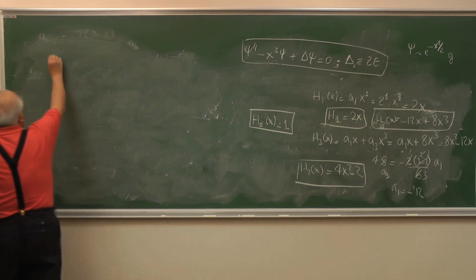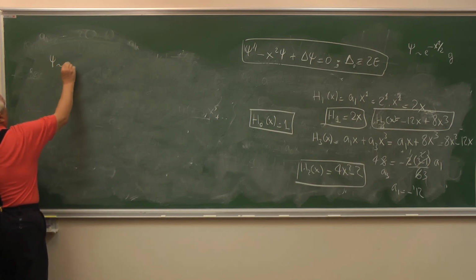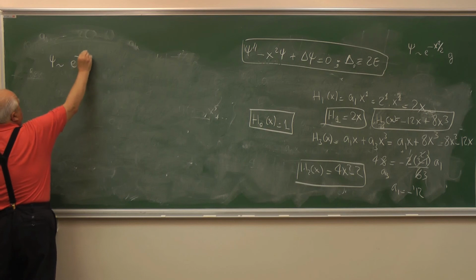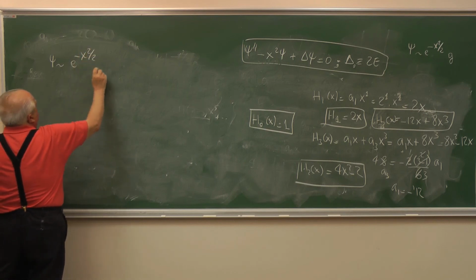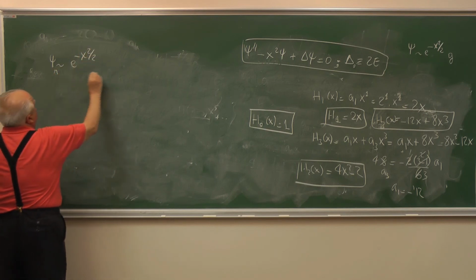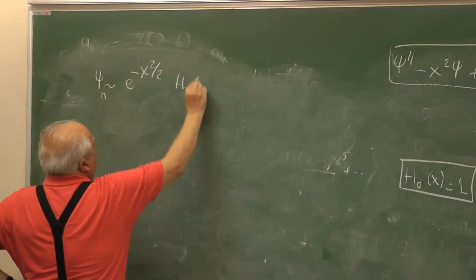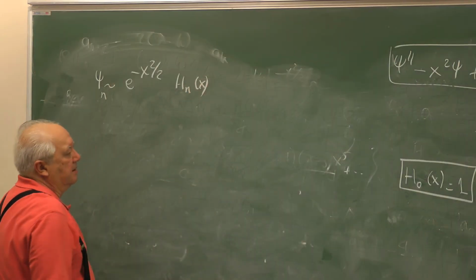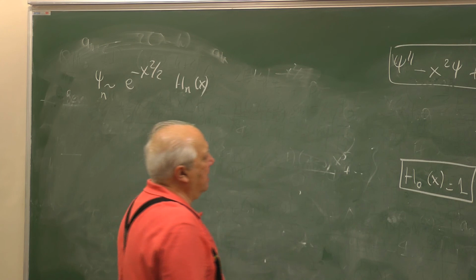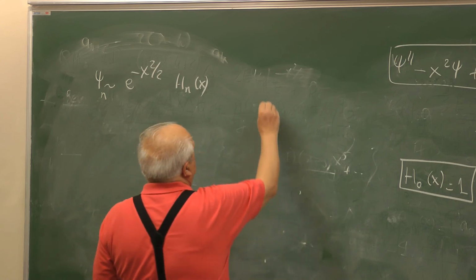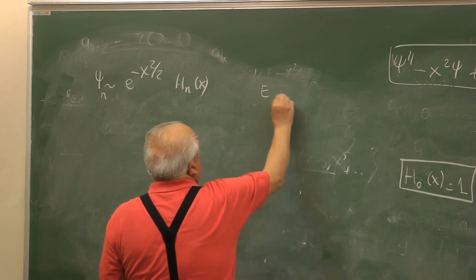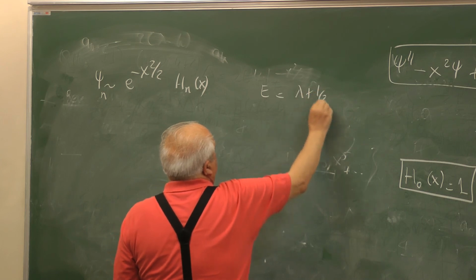So our wave function psi is proportional to e to the minus x squared over 2 times H_n(x). So energy was lambda plus 1/2.